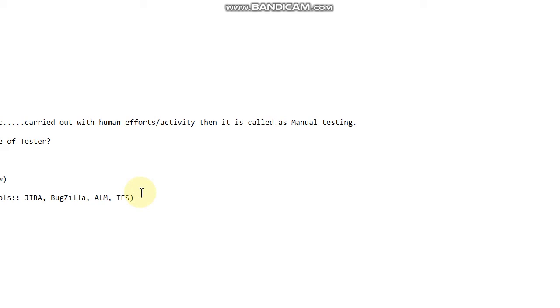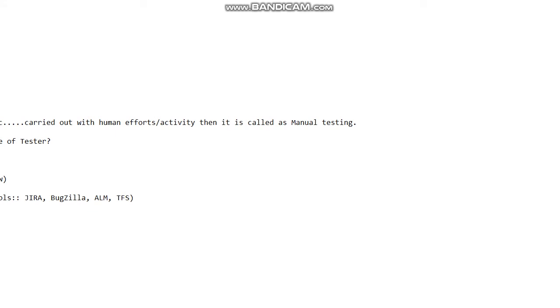So the next step, coming to the fifth point, is we can conduct retesting and regression testing as well.